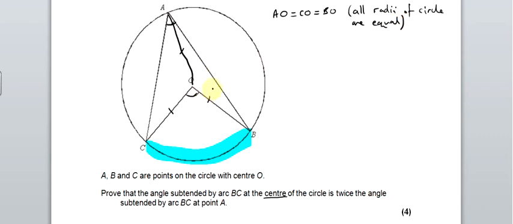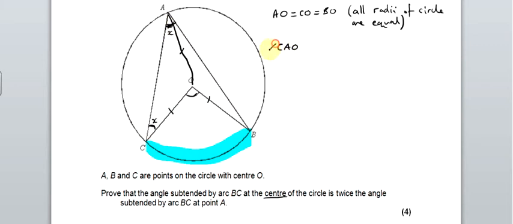Now, what's the next thing? Well, let's call this angle X, in which case this is angle X here, because it's an isosceles triangle. So this angle here we'd call CAO.